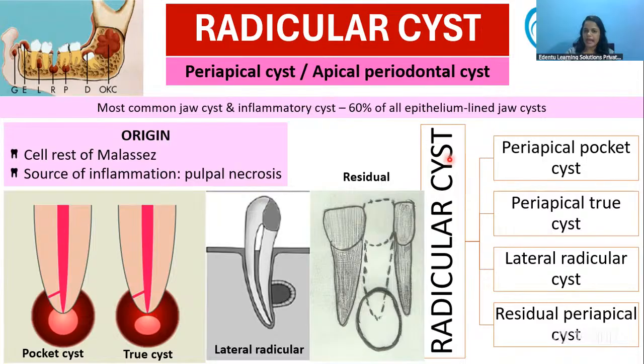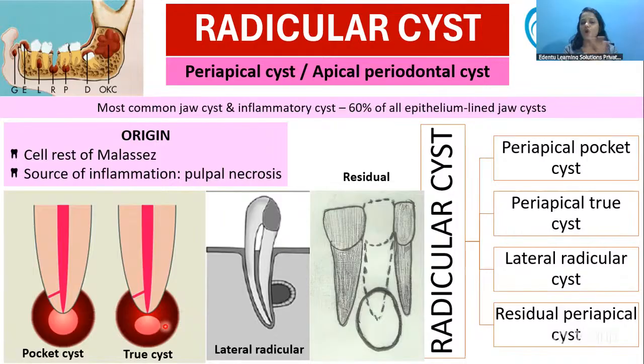This periapical cyst can be differentiated into four types. First, we have the periapical pocket cyst. As you can see, this cyst will always be connected with the root canal. The radicular cyst which is connected with the root canal is called the pocket cyst.